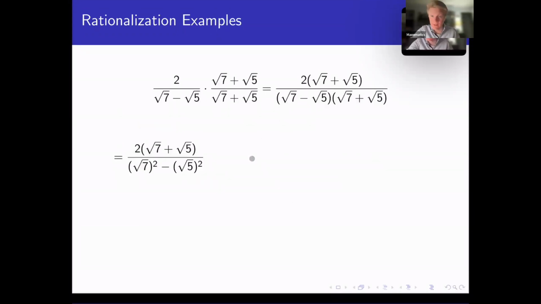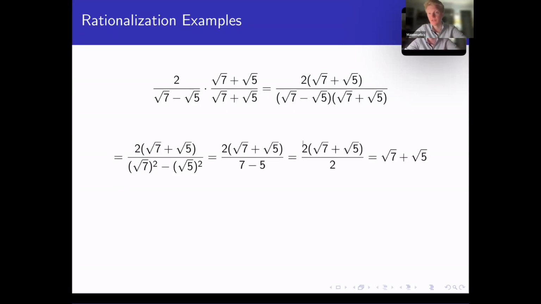If you don't like what I'm doing here, that's fine. FOIL this out. Do the square root of 7 times the square root of 7, the square root of 7 times the square root of 5, the square root of 5 times the square root of 7, the square root of 5 times the square root of 5, and you'll see we get the exact same thing. Well, this is really nice because the square root of 7 squared is just 7, and the square root of 5 squared is just 5. 7 minus 5 is 2, and we can cancel out those 2's.